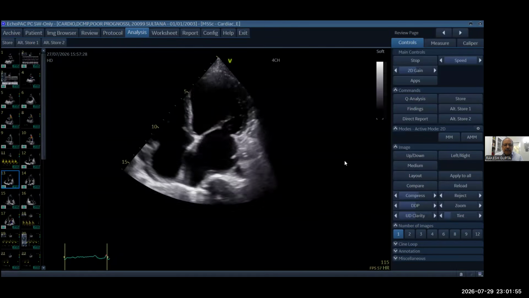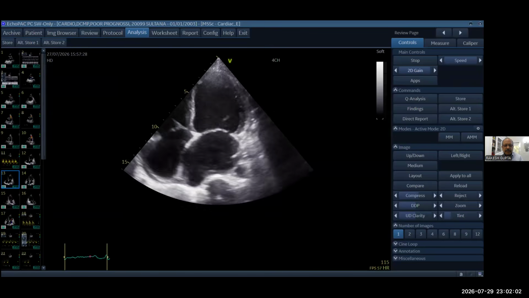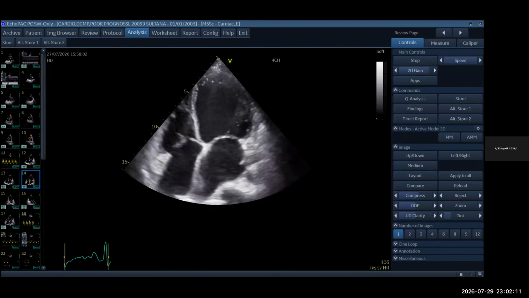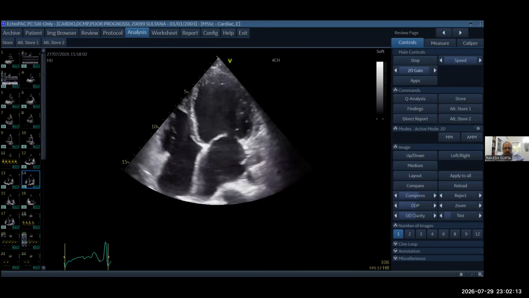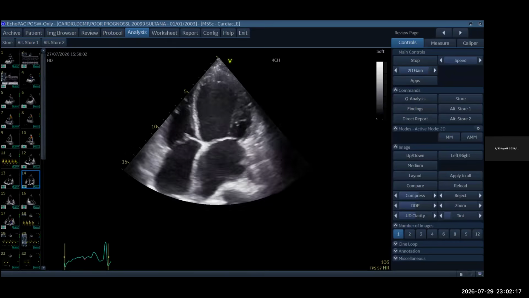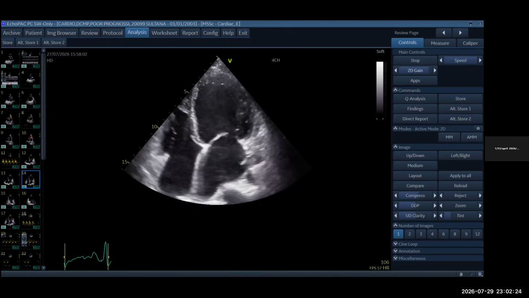Now tell me the wall motion abnormality of this patient. Sir, akinetic, sir. Mid, global, basal akinesis. Ejection fraction when we measured was 22%. Yes, sir. Correct?